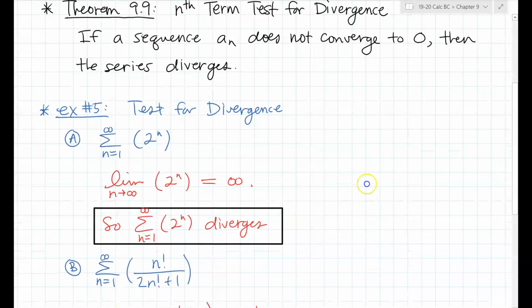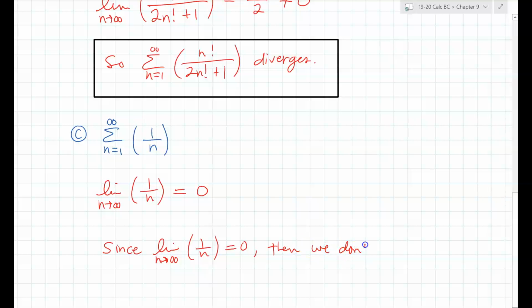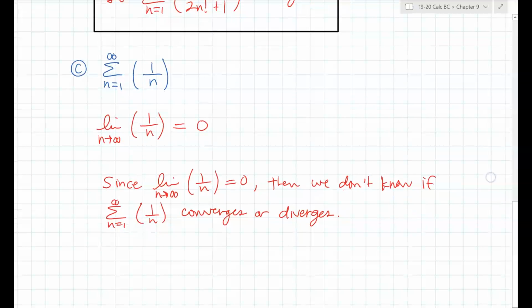So for this one, we're just going to say, I'll put right here, since the limit as n goes to infinity of 1 over n equals 0, then we don't know if the series as n goes from 1 to infinity of 1 over n converges or diverges. So we have no idea.